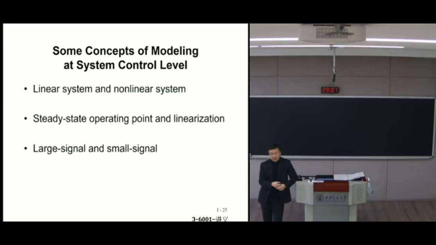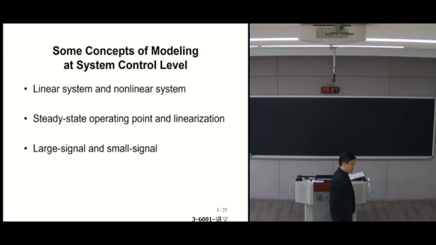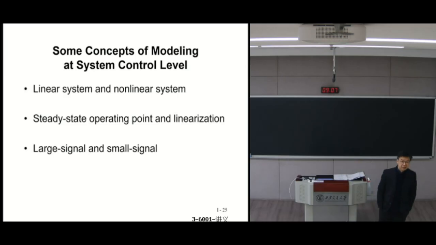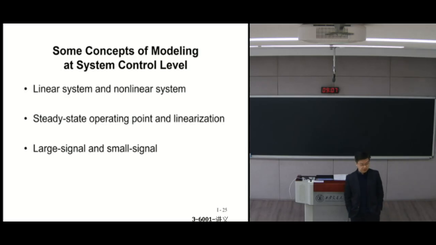But if you look at the behavior of the system, and you find out that the system, even under this 10% of the operating range disturbance magnitude, is still quite nonlinear, you cannot consider this system as a linear system anymore. If you adopt linear system methods, then the analysis results will be very different from the practical results. So that could also happen.